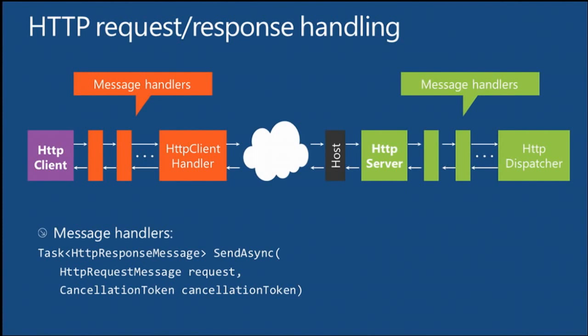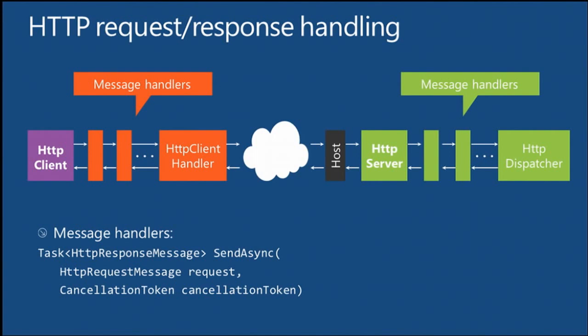That's the core Web API hosting piece. It is itself just a message handler. You just call Send on it, and you give it the request message, and it hands it up its own message handler chain. The last message handler in that chain is our dispatcher, and that's the picture you saw before. That dispatcher is just a message handler, but it will find a controller, select an action, execute the action, and run all the action filters, etc.